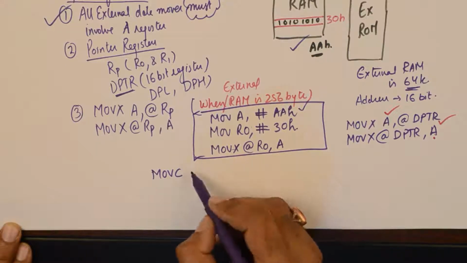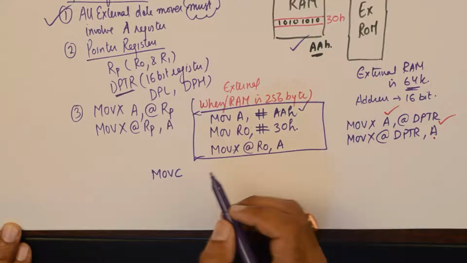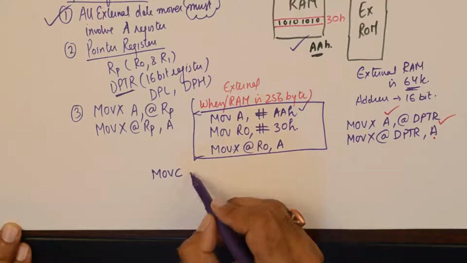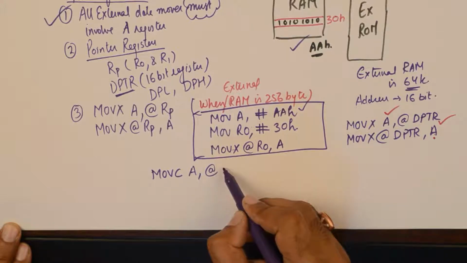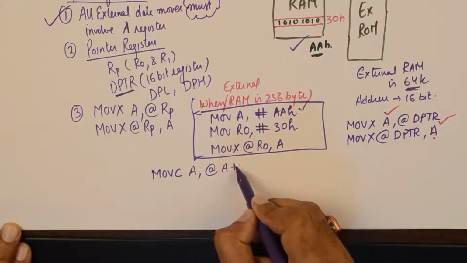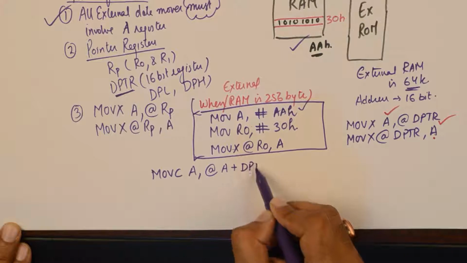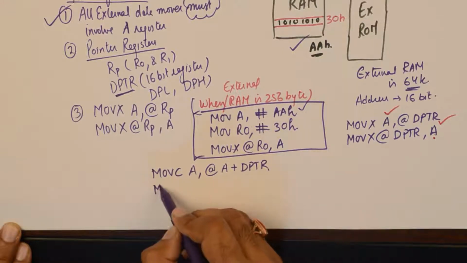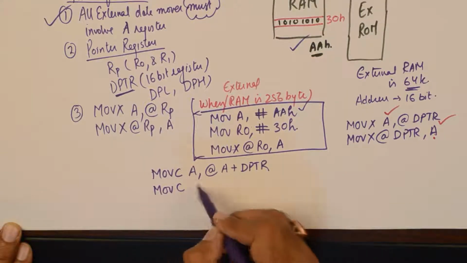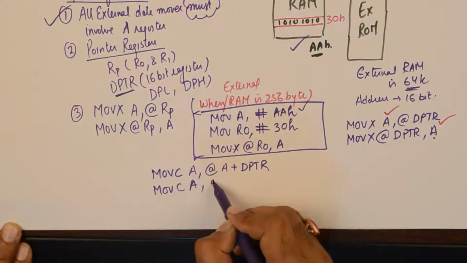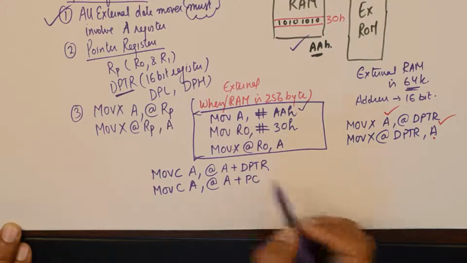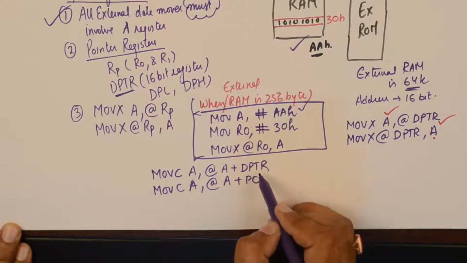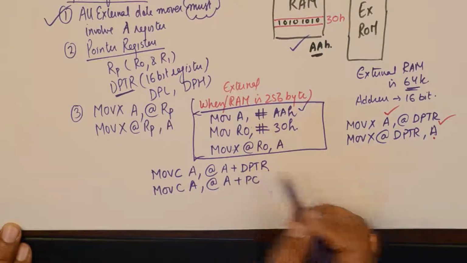So code memory is normally a ROM which is permanently burnt into. So MOVC A will use indirect addressing, but here the indirect addressing is used as a combination of address made by adding up A plus DPTR.